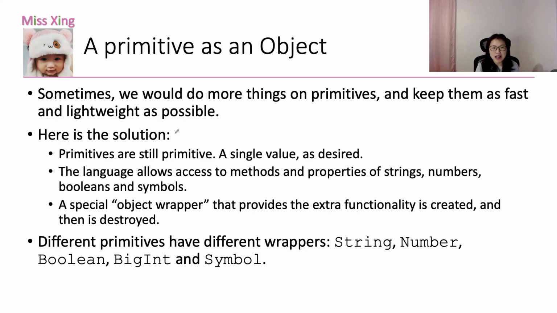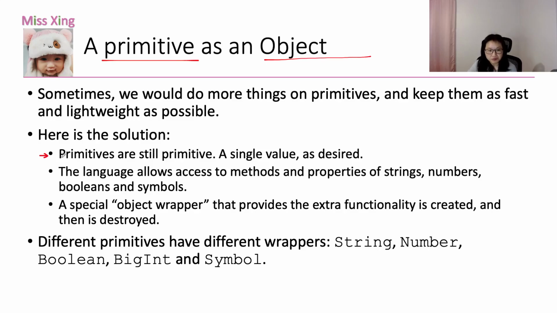In this case, we can somehow treat a primitive as an object, because when we want to call methods on a primitive, methods should exist in an object, right? So how can this be done inside when we call a method on primitive types? The solution is like this. If you're familiar with other languages like Java, you will see this is very similar.